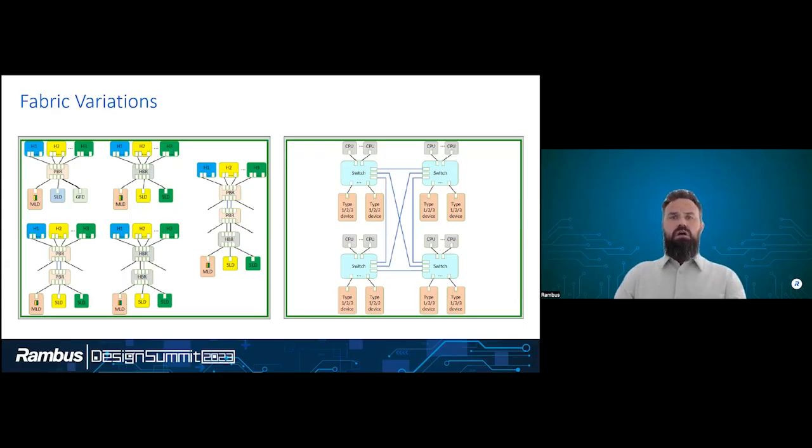Now, such mesh type topologies can create the potential of deadlock due to their circular dependencies. But this can be avoided with careful attention being paid to the routing tables within the PBR switches themselves, which once again, we have a management framework defined in the CXL spec for the fabric manager to manage.